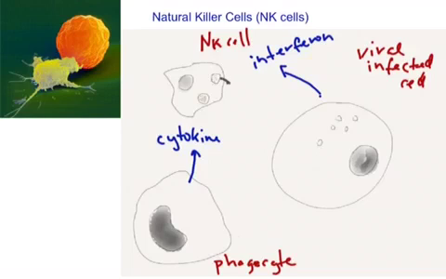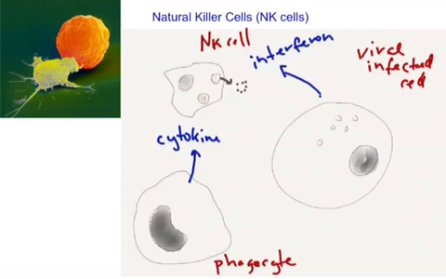So through exocytosis, perforin molecules will travel in response to the signals of interferon and cytokine to the viral infected cell and effectively punch holes or perforate the membrane of the virally infected cell.